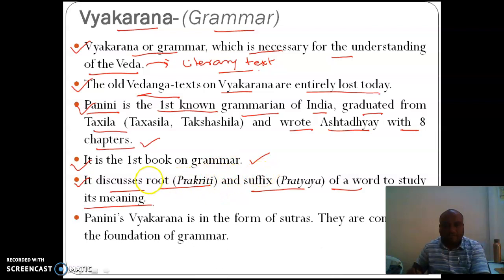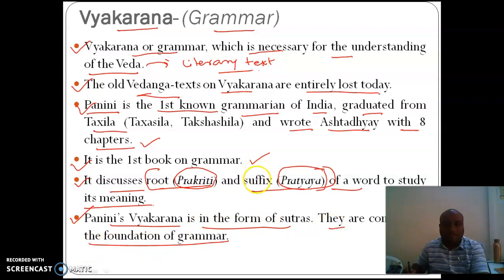Panini's Vyakarana is in the form of sutras. They are considered the foundation of grammar.